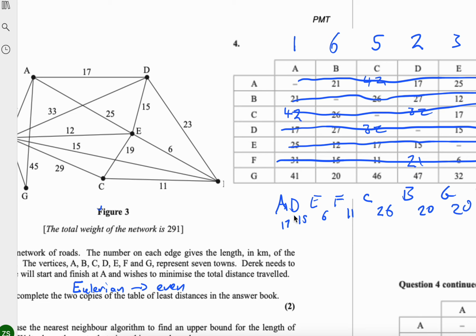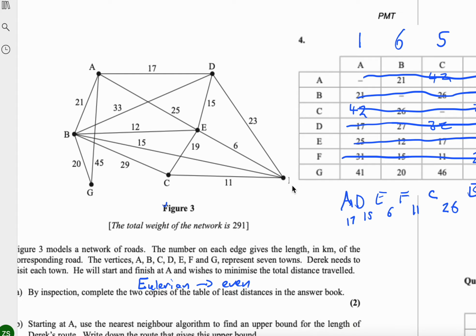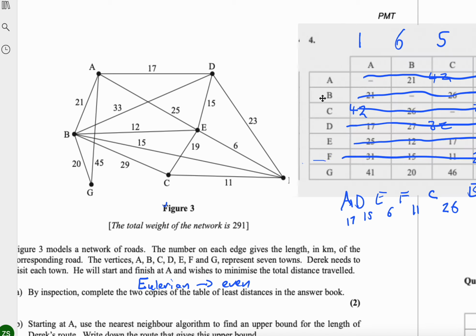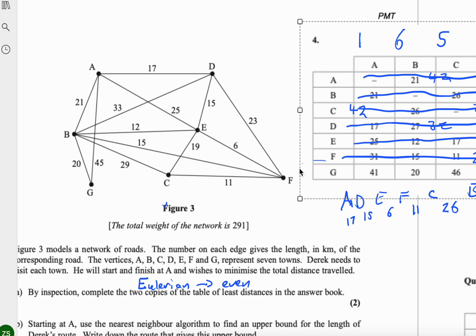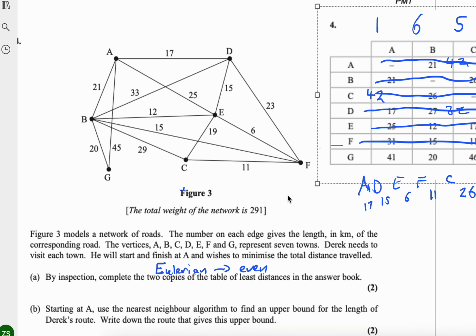For example, if I said F to D was 21, what towns did I visit to get that 21? I didn't just go from F to D. I went from F to E, then E to B.